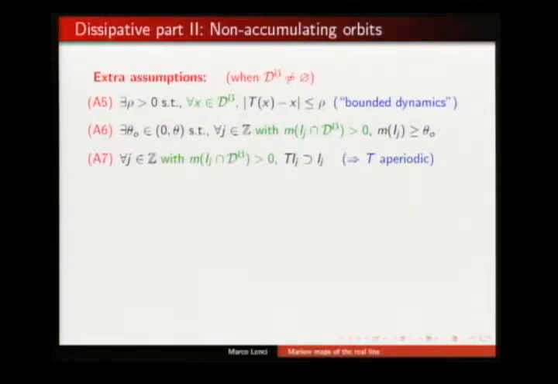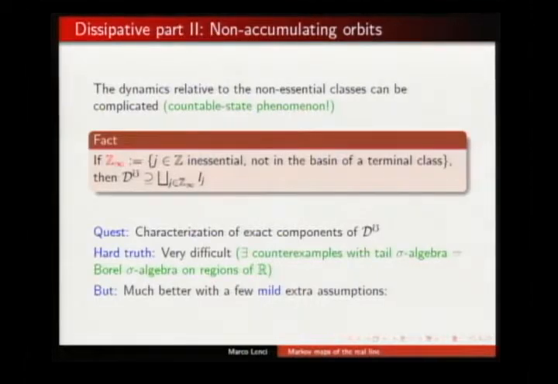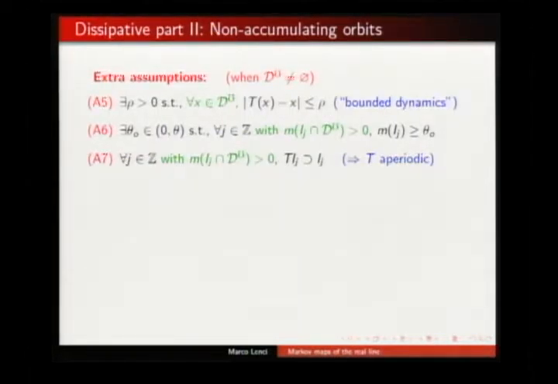But in the dissipative part, you have bounded dynamics, so there is a bounded distance between x and its iteration, and then a condition on the measure of these intervals from below. Remember that the first condition, which I called A1, was that the measure of these intervals was bounded above, and now I want it bounded below, at least on this dissipative part.